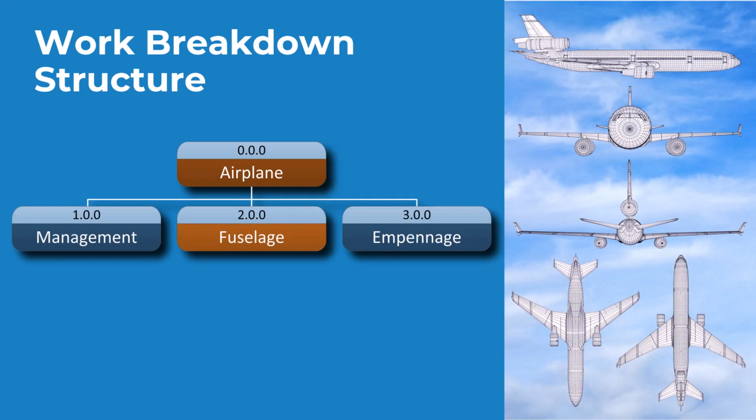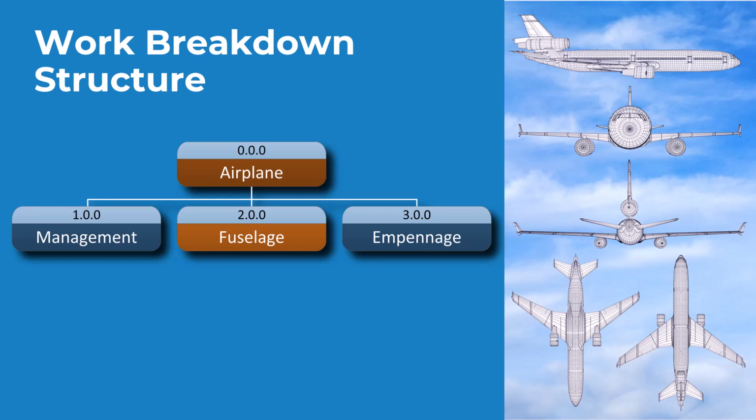Then, moving on to the next step, where we can see the hierarchy and decomposition already. To design our new, albeit very oversimplified airliner, we need to have people managing the work, that's us. We need to design the fuselage, and we need to design the empennage, which is the tail. Breaking the airplane into these three parts, that is called decomposition.